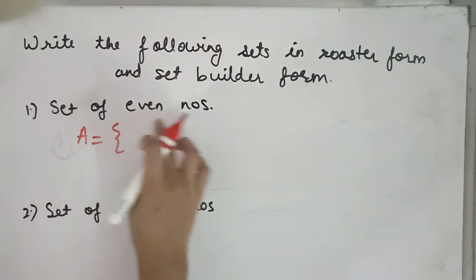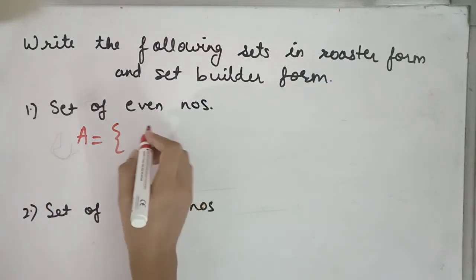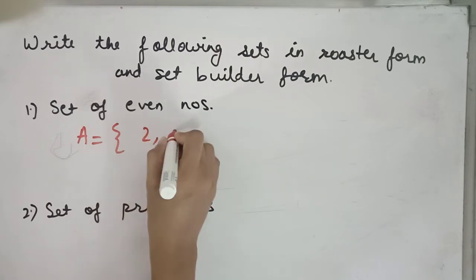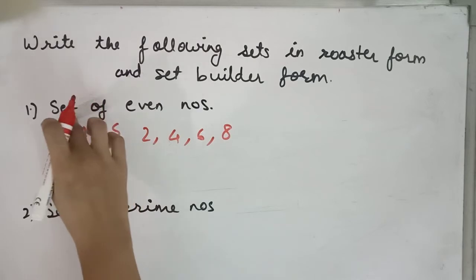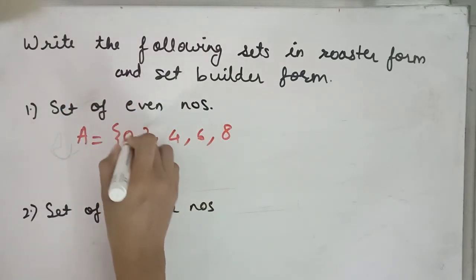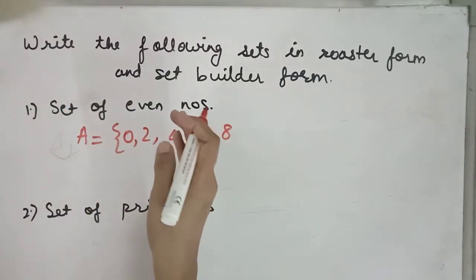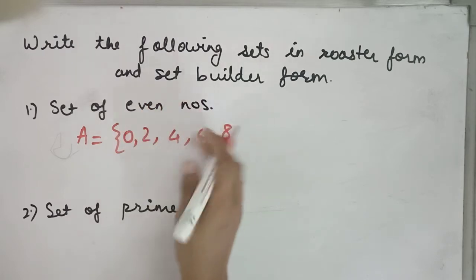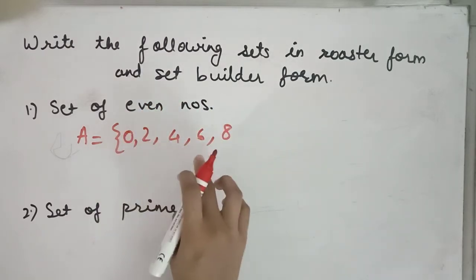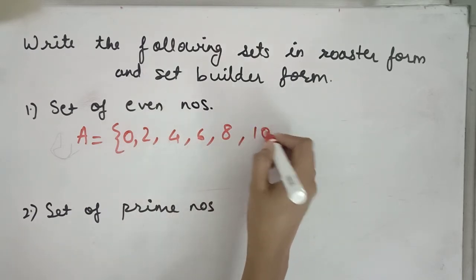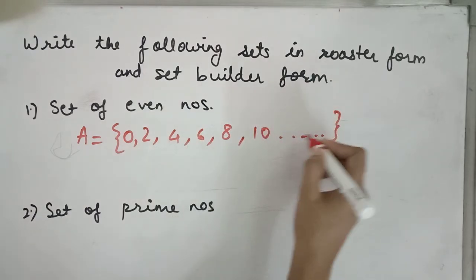A is the set of even numbers. So even numbers are 2, 4, 6, 8. We have to also include 0 because it is not said even natural numbers. So 0 can also be included: 0, 2, 4, 6, 8, 10 and so on.